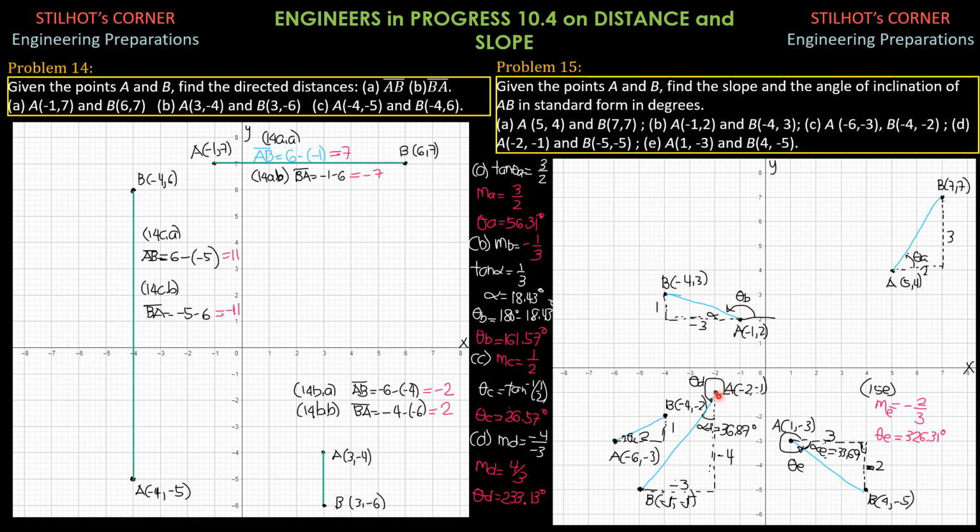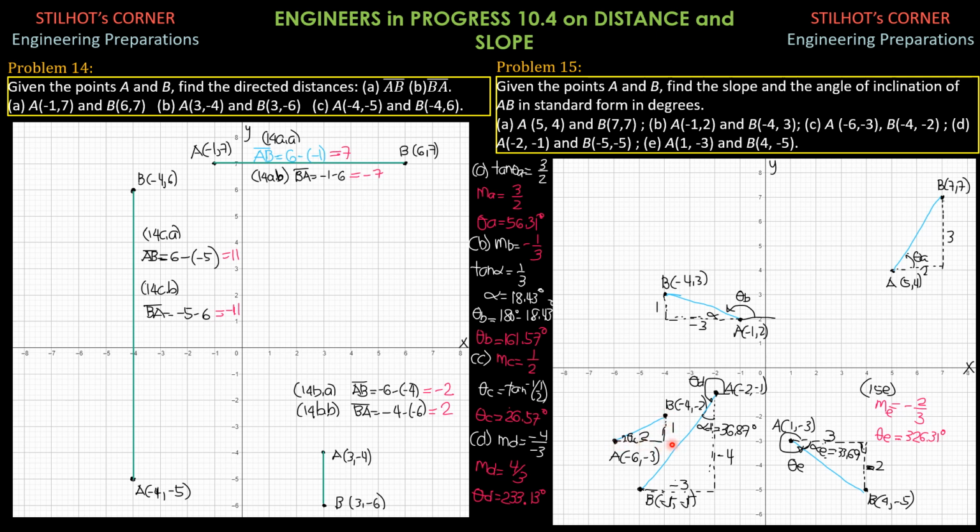Then C, we have A at (-6, -3), which is this point, and B at (-4, -2), which is that point. So it is in that direction. So theta C is positive, and because that's rightward and upward, both components of distance of this line segment would be positive. For this horizontal distance, negative 4 minus negative 6 is positive 2, because B is the terminal point.